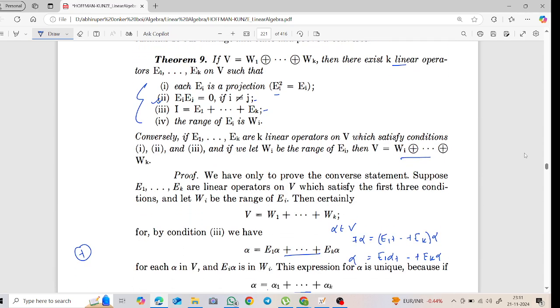So there are a few equivalent criteria. See the converse part, okay? And tell me, can we show these things? Can we show 1, 2, 3? If we can show 1, 2, 3, then we know that V is the direct sum of this.